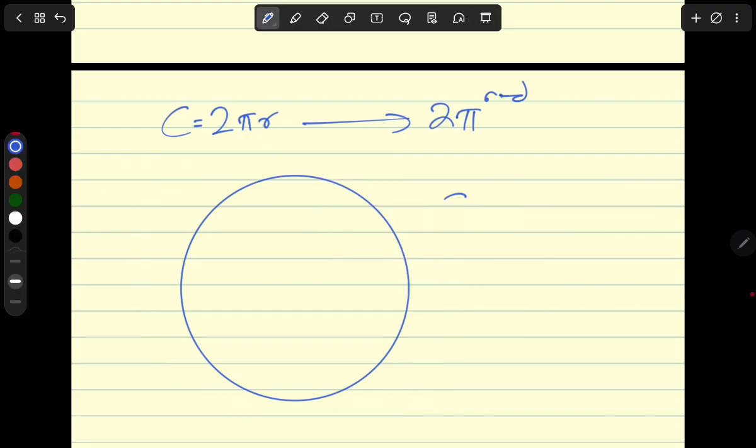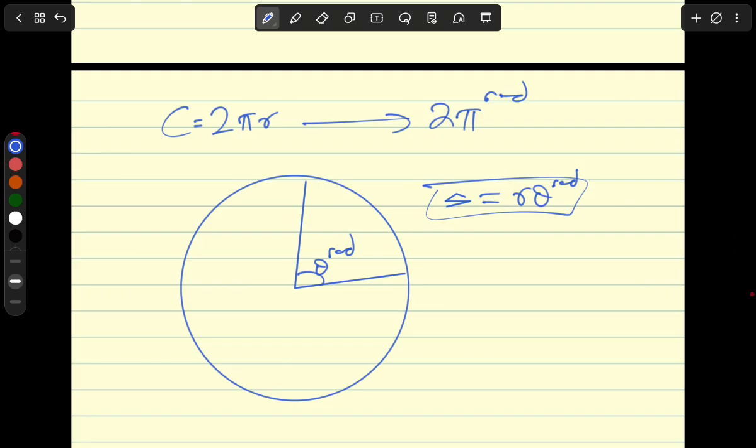And hence we derive our formula s is equal to r theta for the arc length, for angle theta where theta is given in radians. This is extremely important. This formula will only work if your theta is in radians, and this is a very famous formula for arc length. We didn't memorize it, we discovered it.